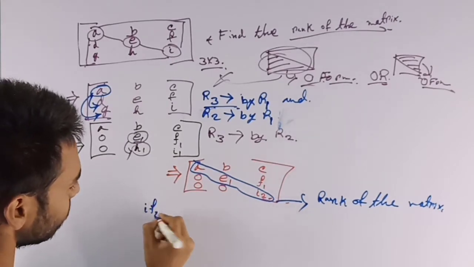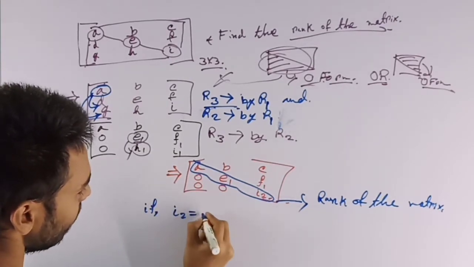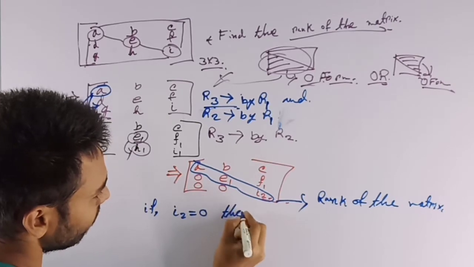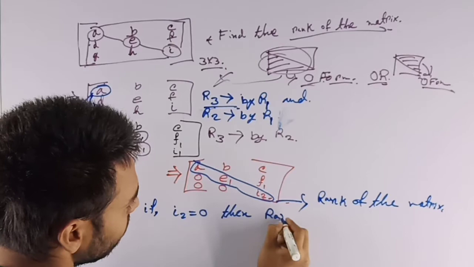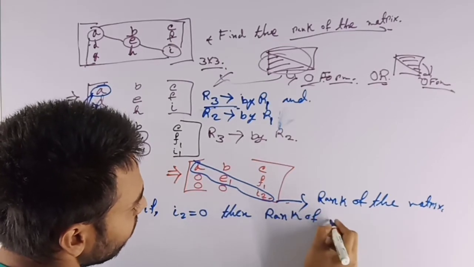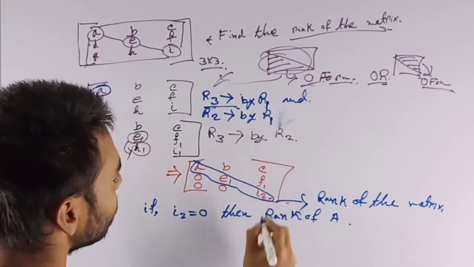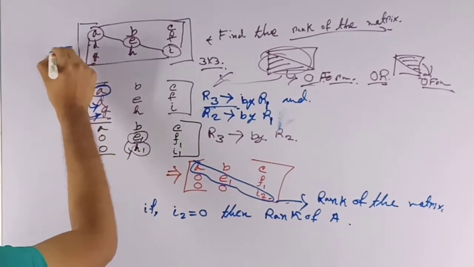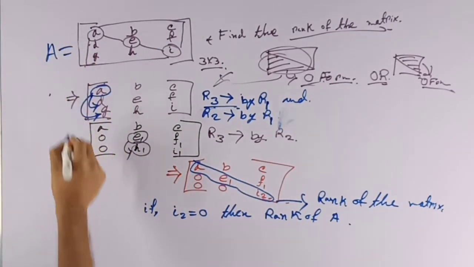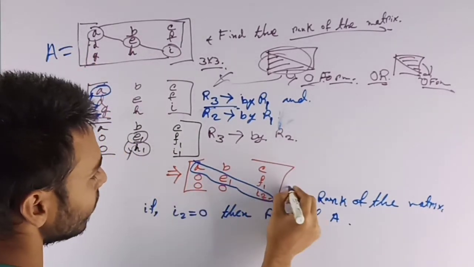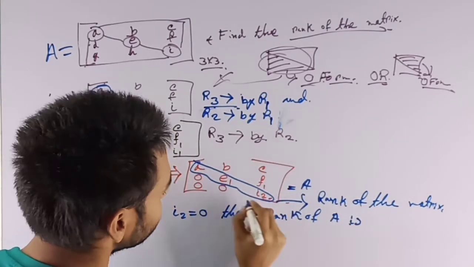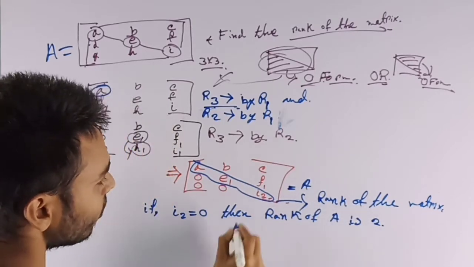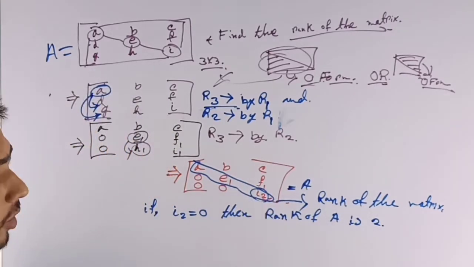So if i2 equals 0, then the lower part, 3 elements, are 0, and the rank of A is 2, since the lower part is all 0.